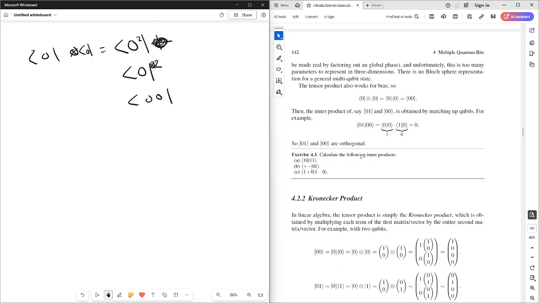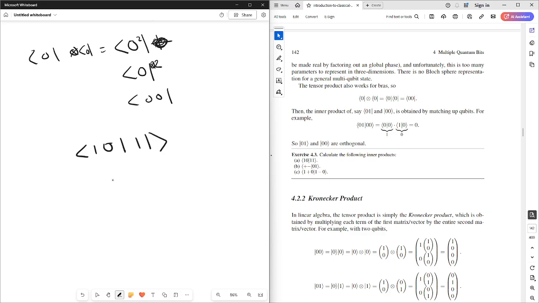We can take a look at these inner products. So 1 0 and 1 1. Really straightforward. We know that this works right here by matching up qubits.